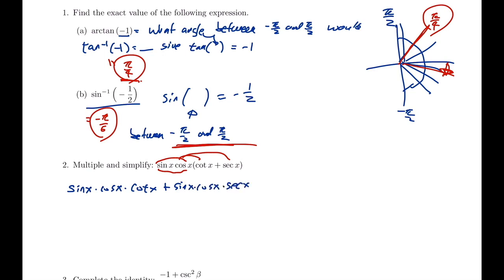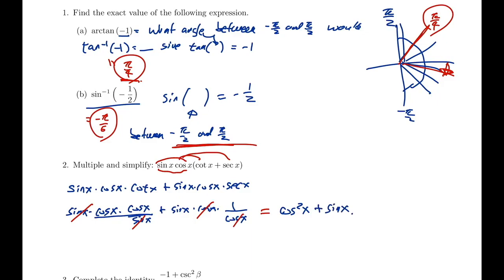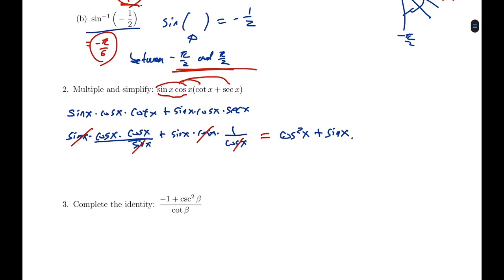Then we can rewrite cotangent as cosine over sine, plus sine x times cosine x, and secant is 1 over cosine. Then we can simplify sine with sine, and cosine with cosine. Cosine times cosine gives us cosine squared x plus sine x. So we multiply and simplify by rewriting some of the trig expressions in terms of sine and cosine.